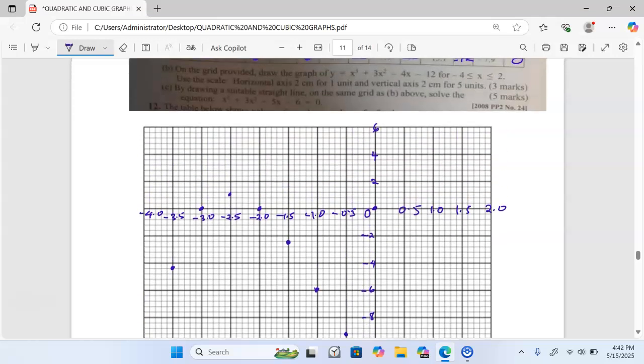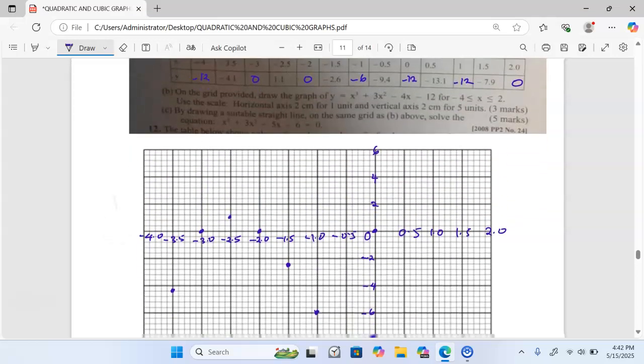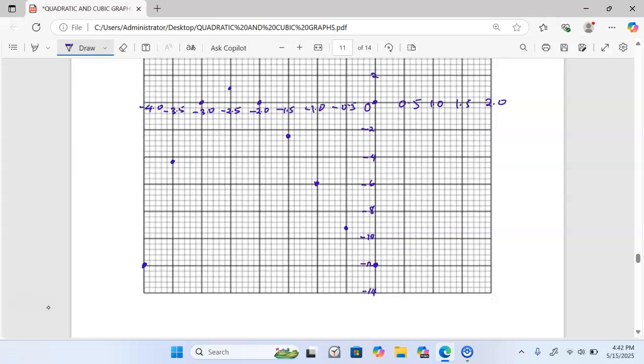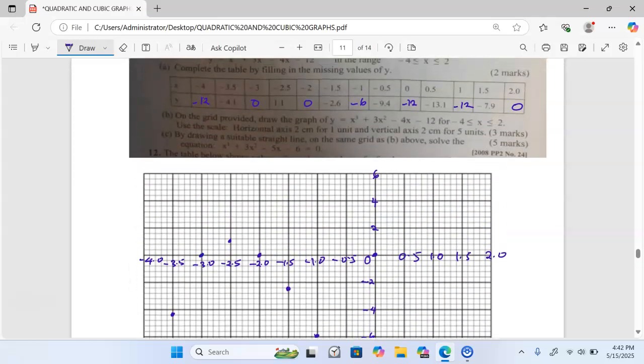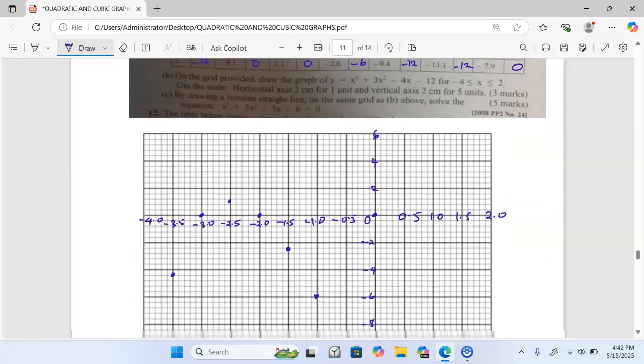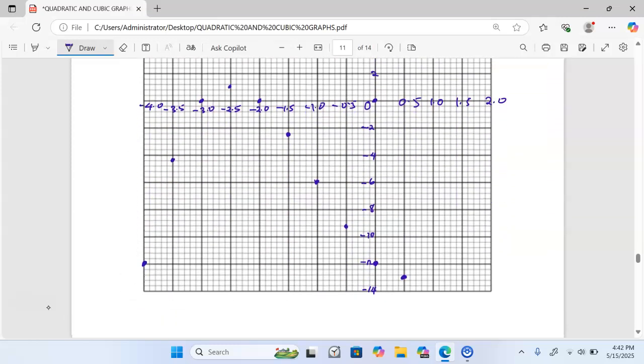And when x is 0.5, it is -13.1. This is between 12 and 13 here, so -13.1 is around this point. And when the value of x is 1, it is -12 at this point here.